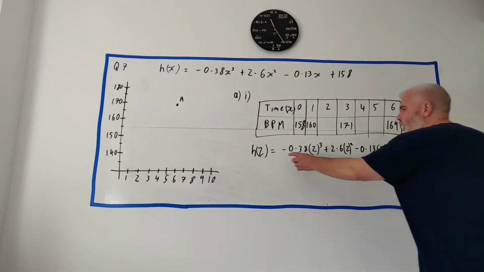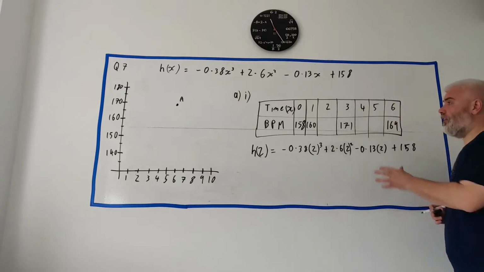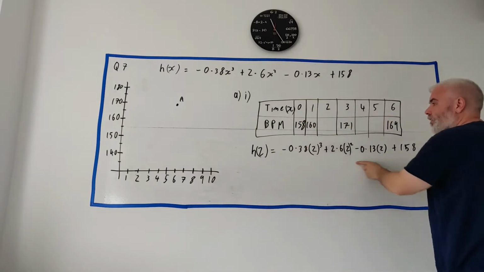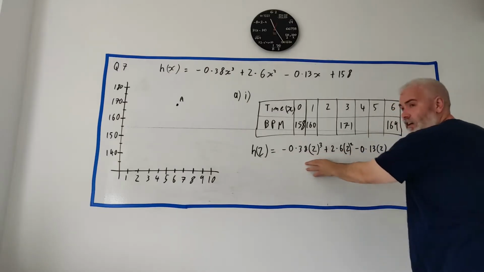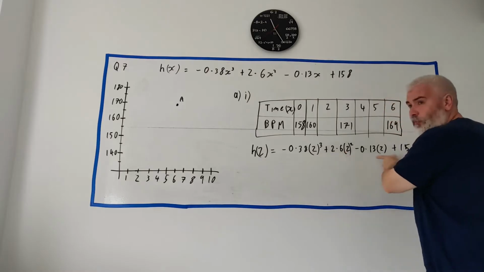So again, everywhere we see an x, we're just going to put a 2 in. That's all you have to do for all of these numbers. Put the numbers in everywhere. If you're good at a calculator, do all this in one go. If not, do each term separately.